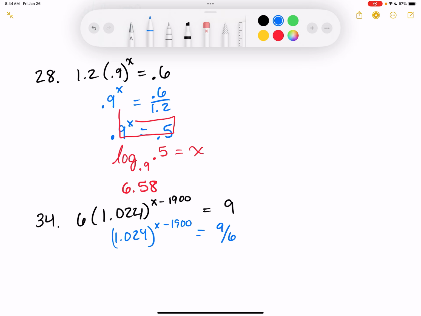So now this one, when I make my log, obviously you could reduce this over here or you can just type it in. It's going to be log base 1.024 of, I'm going to reduce it to 3 over 2, but you could also type it in as 1.5 if you want, equals x minus 1900.